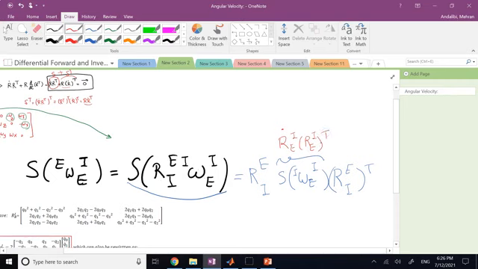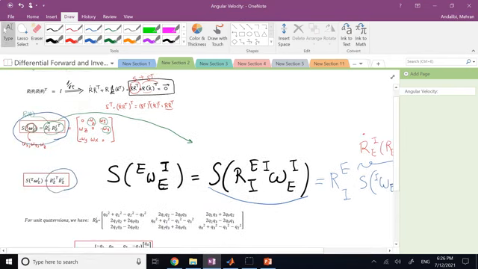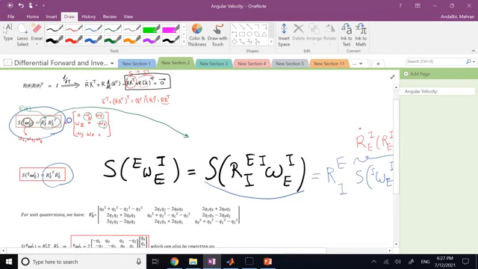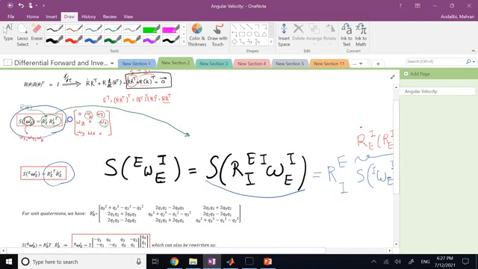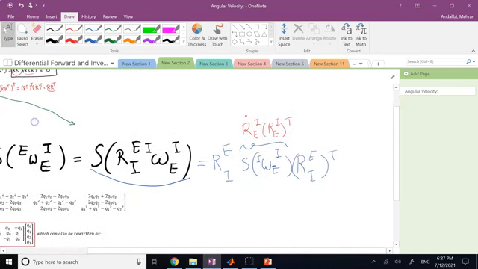Is that right? Let me make sure I did not make any mistake. This is S of that is right. That is also right. Good. R of I, E. Oh, there we go.